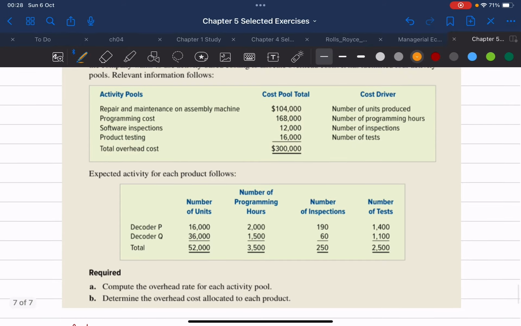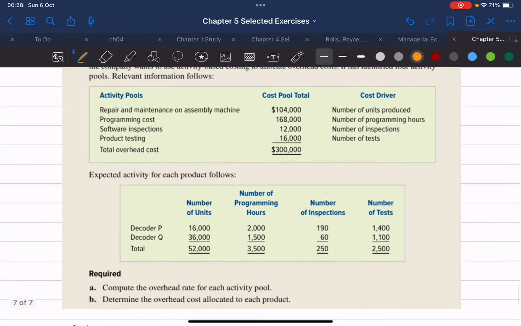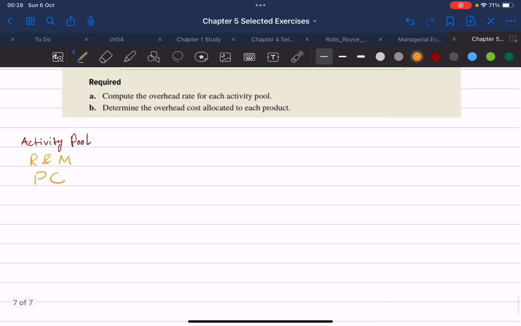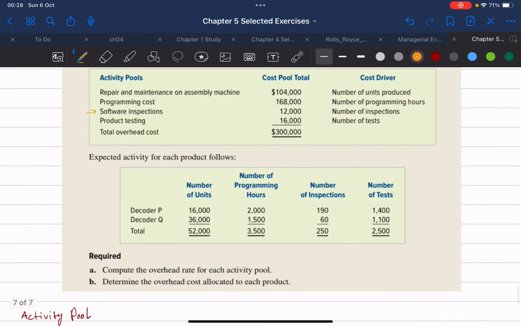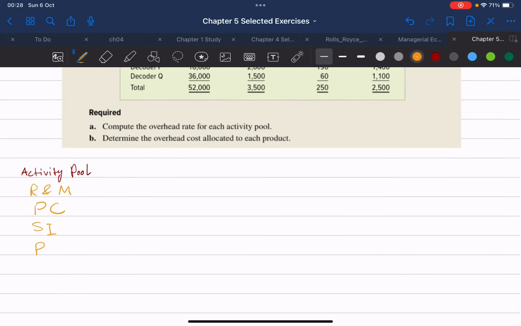And then the second activity is programming costs, so we'll call it PC. Third one, software inspections, we'll call it SI for short. And the fourth activity, product testing, so we'll call it PT.